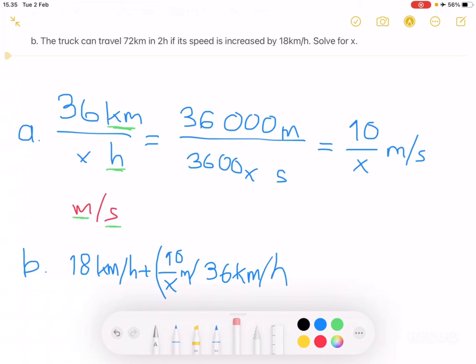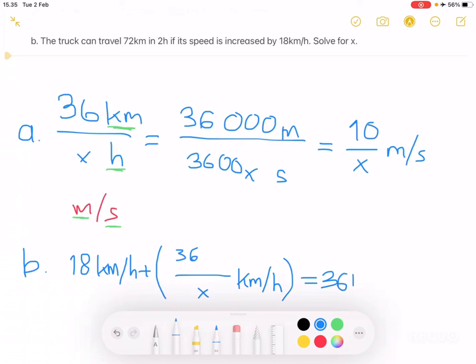However, this is not the right speed we're going to substitute in. We're going to write in our 36 kilometers over x hour, or just write it in rate form. Since we're dealing with kilometers per hour, it's always best to substitute in the kilometers per hour speed as well.